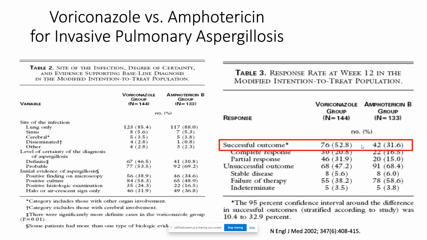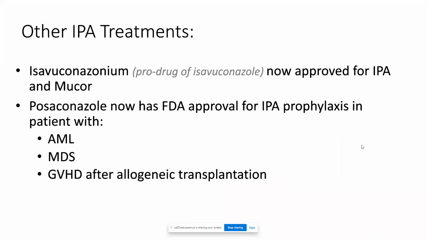This has been around for a while. And what's happening more and more is new antifungals are being compared now against Vori, showing equivalence. And whether it's cost, ease of administration, IV versus PO, they all have their little nuances and things that they market. But nothing's been shown to be superior to voriconazole since then.